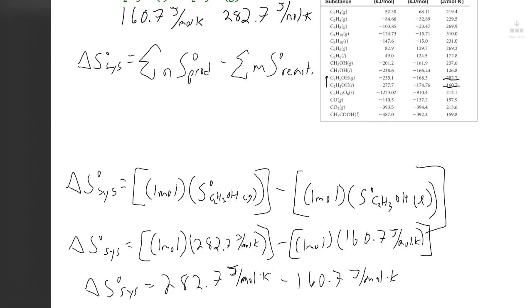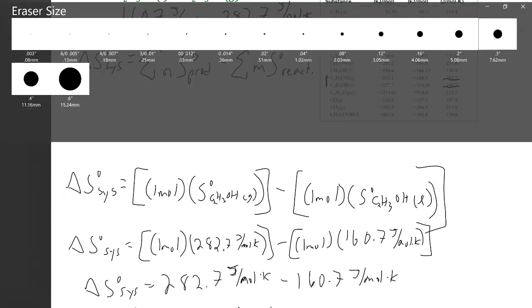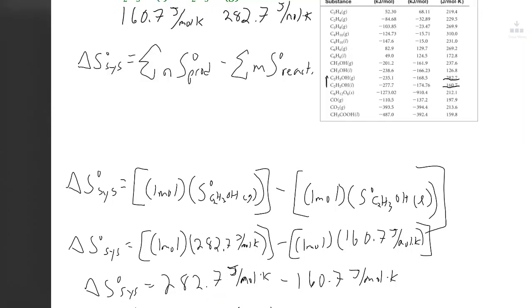If you do this math, you end up with delta S for the system equal to 122 joules per mole Kelvin. So this would be your final answer.